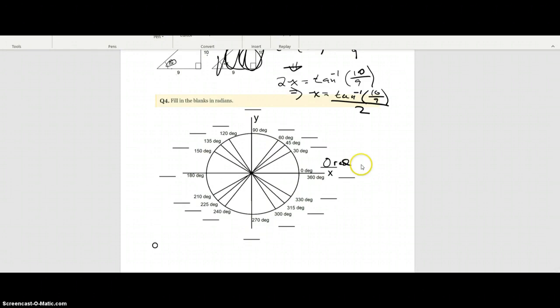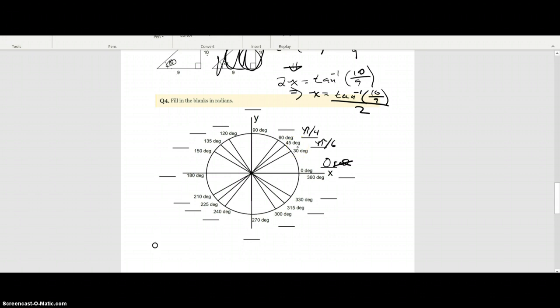I'm just going to assume that these are all in radians. I'm not even going to write radians here. The only important ones that you need to know are this 30 degrees is pi over 6, and at 45 degrees it's pi over 4. The reason for it is that 180 divided by 6 is 30, and 180 divided by 4 is 45.